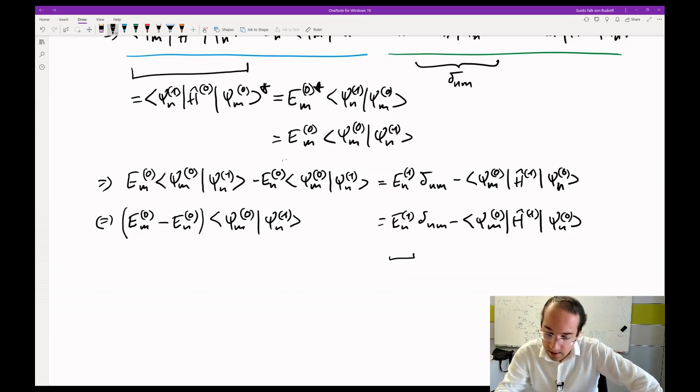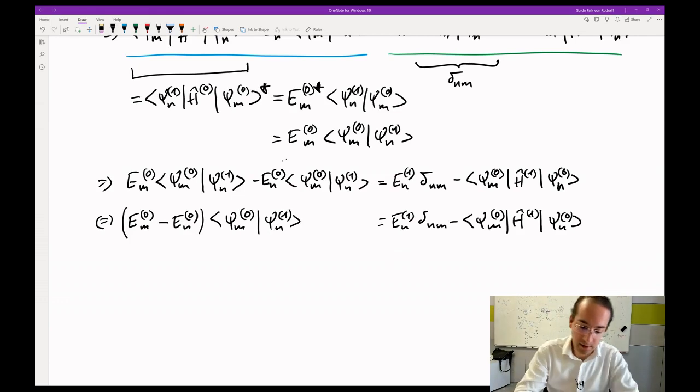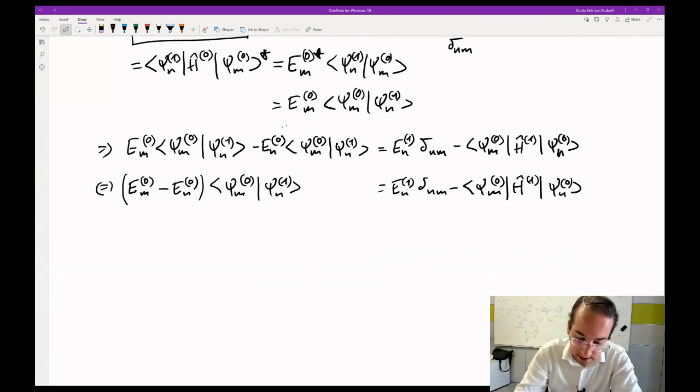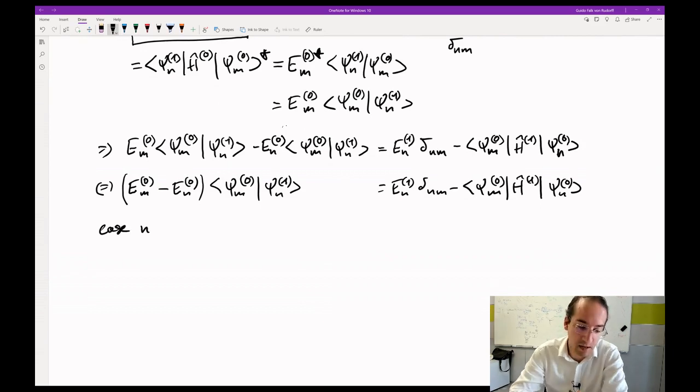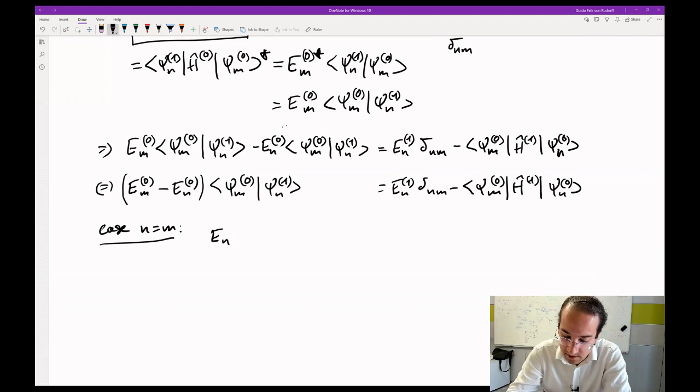So let's look at the case if N and M is the same. Because this energy expression over here only remains if N and M are the same. Because otherwise the Kronecker delta will drop to 0. So in the case of N is M, we know that the energy difference of En0 minus En0 needs to be exactly 0.